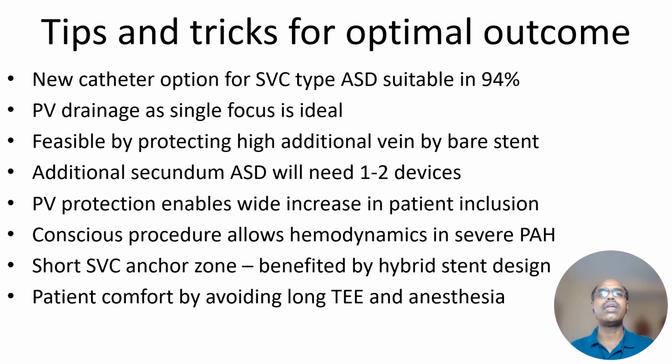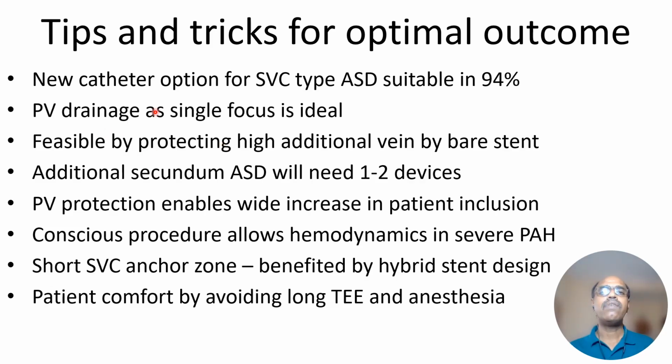Patients who are older than about 5 years of age and heavier than about 14 to 15 kilograms, who will be able to take a stent of at least 16 to 18 millimeter in their superior vena cava, are suitable. Ideally, if there is a single right upper pulmonary vein, it's good. But if there are additional pulmonary veins, we should be able to protect them by putting in a hybrid stent or a bare stent at the top.